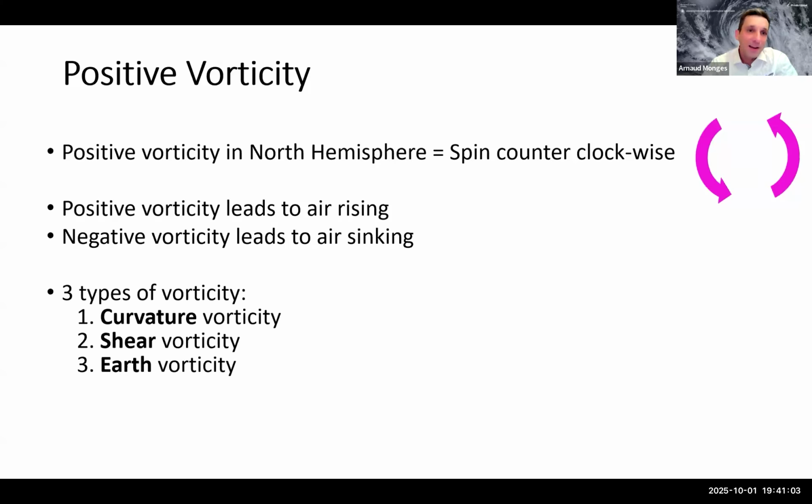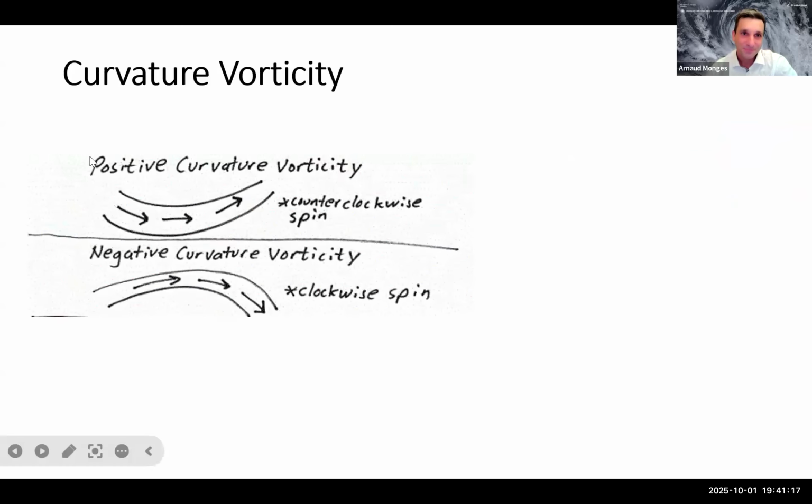Okay. And finally, I want to tell you that there are three types of vorticity. We've got the curvature, we've got the shear, and we've got the earth. Let's go briefly into these three so you get a feeling of what they mean. So let's start with the curvature vorticity. As I said before, it can be positive or negative. In our case, we are only going to look at the positive vorticity because we want the air to rise.